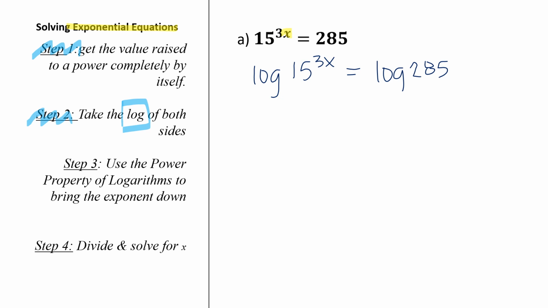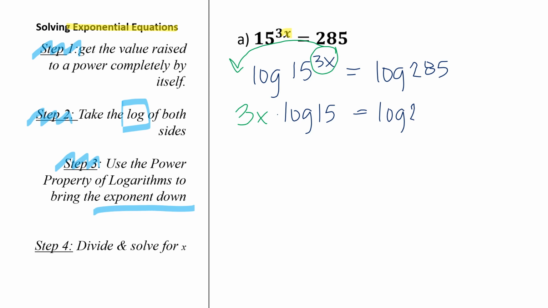Step 3, once you take the log of both sides, we need to use the power property of logarithms to bring the exponent down. We have to bring that 3x down so that it is no longer an exponent. So I'll have 3x times log 15 equals log of 285.